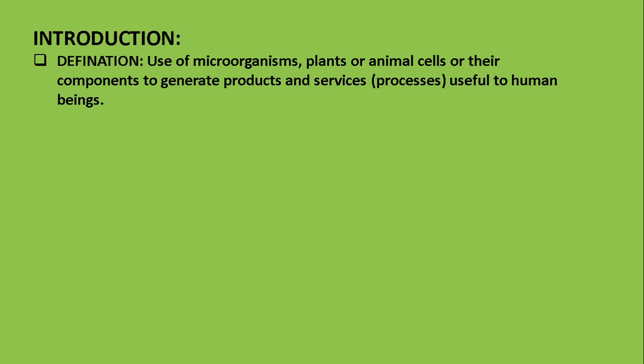What will be done through biotechnology? We can transfer the gene from organism A to B, thereby making B capable of producing the product in huge quantities, which will be of benefit to human beings. So this way, biotechnology can be used to produce products.